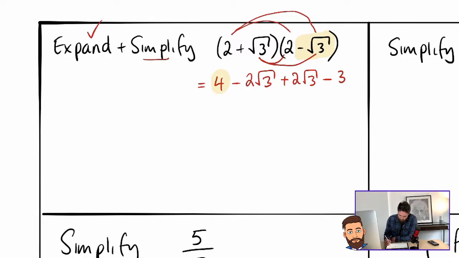We've got two whole integers, 4 and minus 3, and then we've got minus 2 root 3 plus 2 root 3. Combining this together, 4 minus 3 is 1. And interestingly, minus 2 root 3 plus 2 root 3 will cancel to 0. So the final answer for this is simply 1.